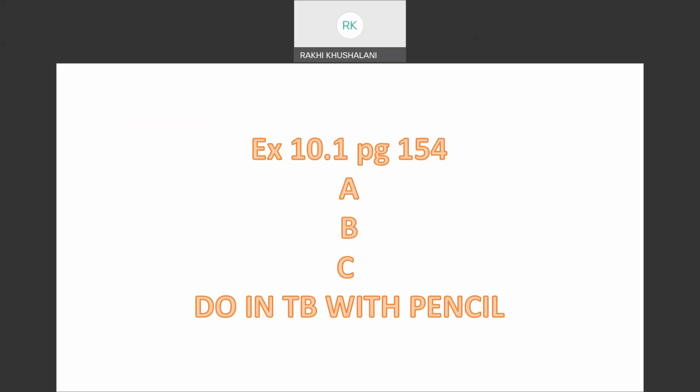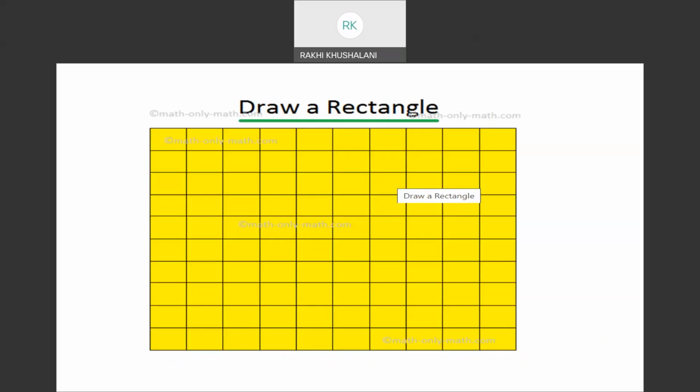We also did exercise 10.1, page 154. I told you all to do it in the textbook itself with pencil in yesterday's live session. Now draw a rectangle.